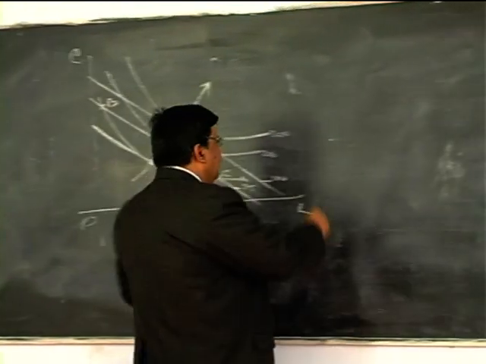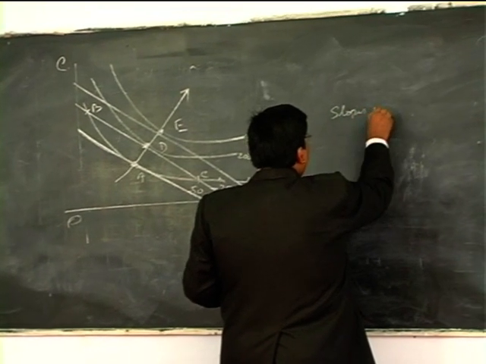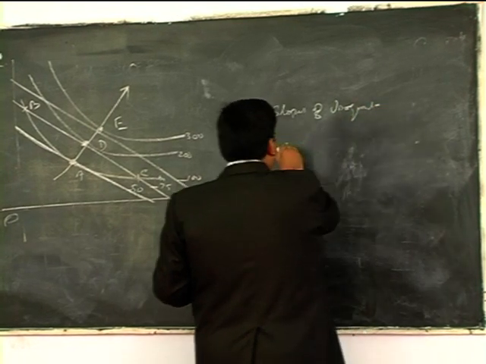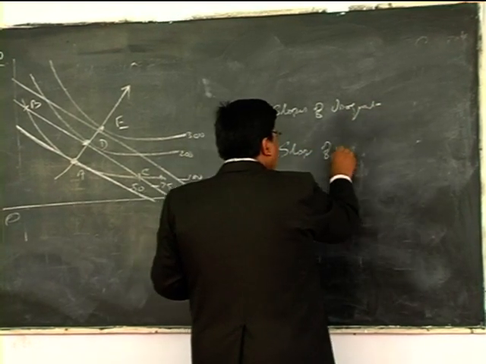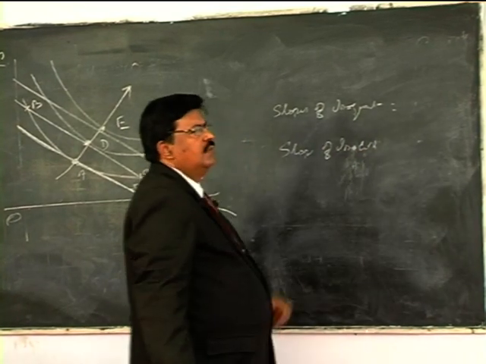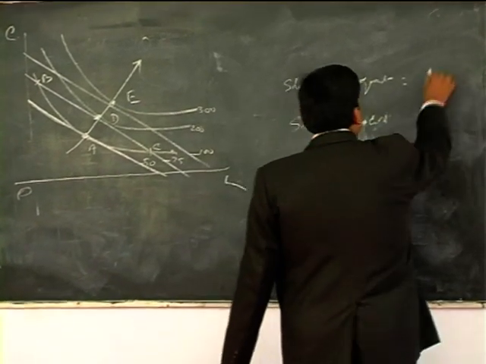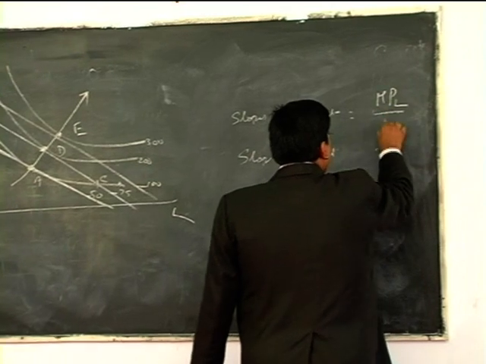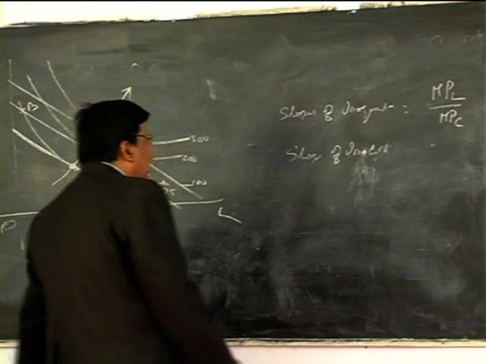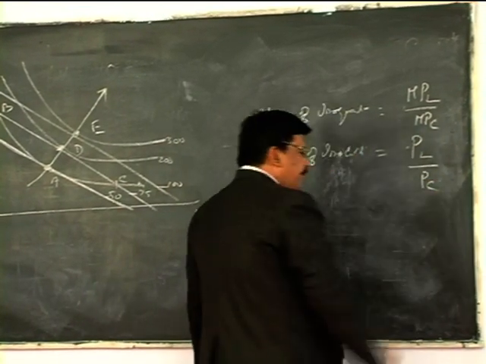At the point of tangency, say at point A, the slope of isoquant and the slope of isocost line are equal. What is the slope of isoquant? It is the ratio of marginal productivities of labor and capital, MPL by MPC. What is the slope of an isocost line? Ratio of prices, price of labor by price of capital.